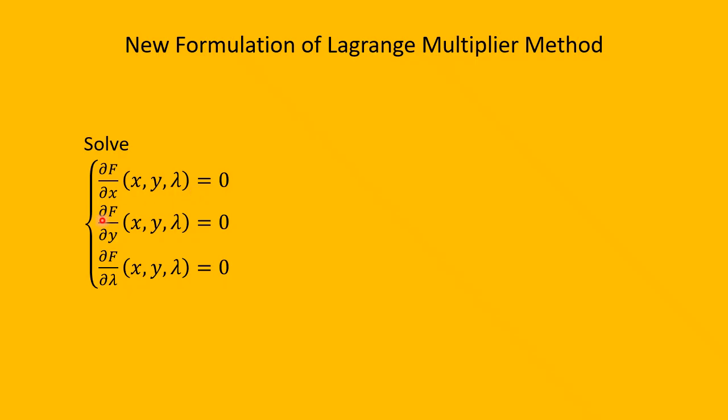The partial derivative of F with respect to y equals 0. And the partial derivative with respect to lambda equals 0. Now, these first two equations we saw were equivalent to the gradient of f equals lambda times the gradient of g.